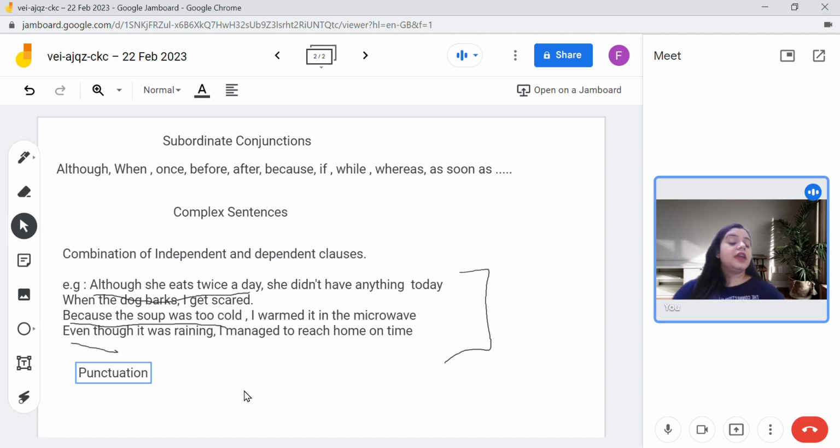Remember, whenever you make complex sentences, once the dependent clause gets finished, you put a comma. You can observe this in my examples as well. Although she eats twice a day, comma. When the dog barks, comma. Because the soup was too cold, comma. Even though it was raining, comma. So there is a need to punctuate your sentences after the completion of dependent clauses.